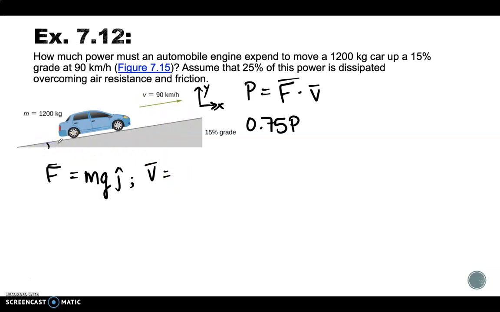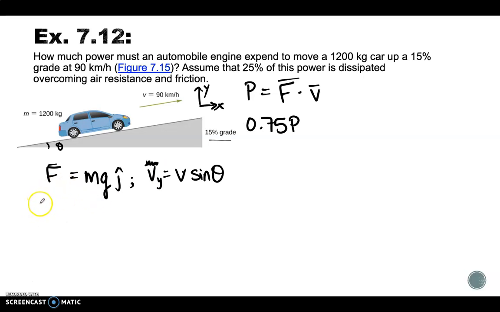If we say that this is our angle, our 15% grade, we have opposite over hypotenuse. So v sub y is equal to v sine theta. Our v is our 90 kilometers per hour. Our theta is based on this 15% grade. Now we can't just put in 15 degrees, because that's not what the 15% grade means.